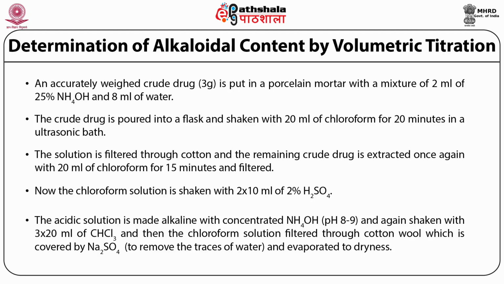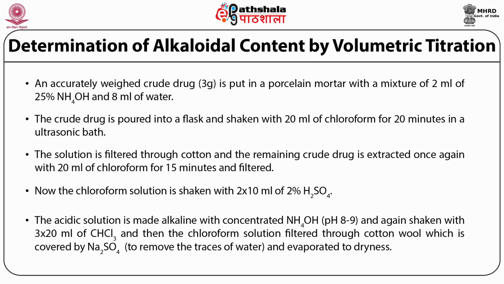The chloroform portion is then extracted with acidified water in 2 portions. The acidified water portions are mixed and the alkaloid is liberated by treatment with ammonia, and finally the residue is taken in an organic solvent which is evaporated to dryness.